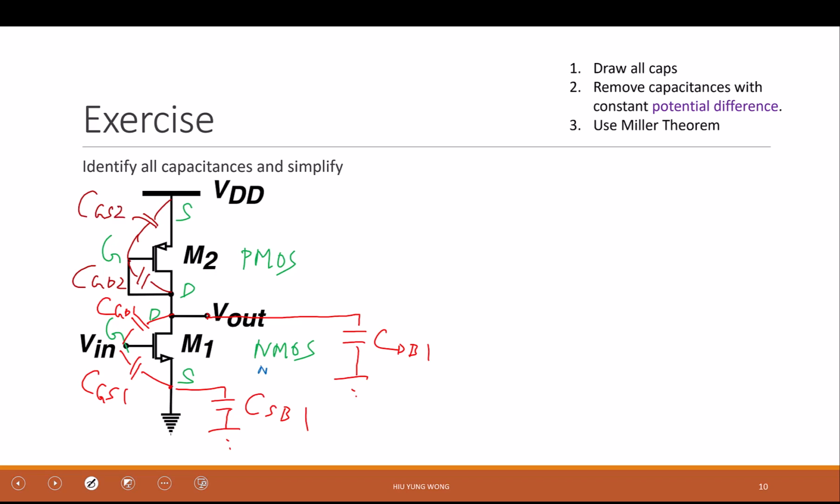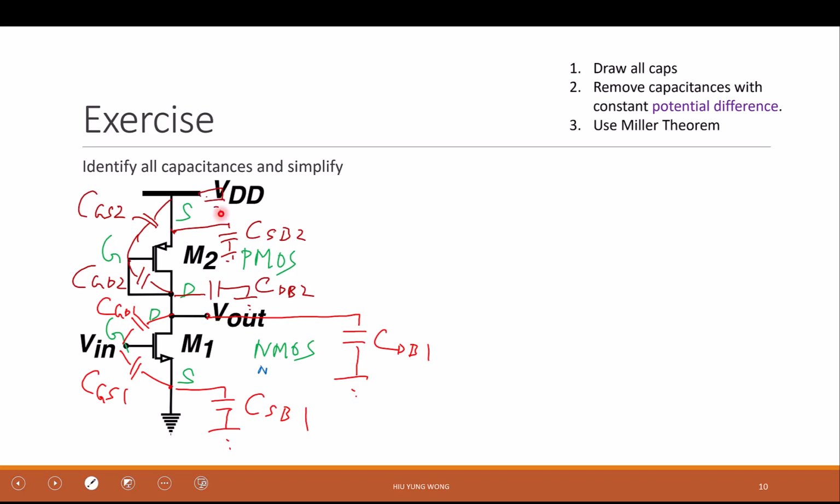I cannot make mistake, right? And this is CSB2. And again, the same terminal I have. What do you call this? CDB2. And although I did not do it, this of course is grounded, VDD.